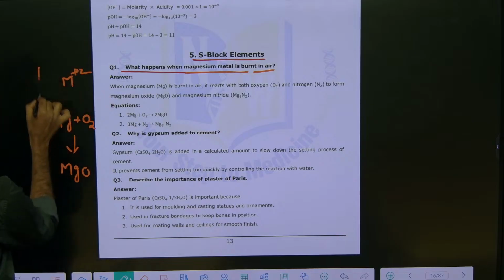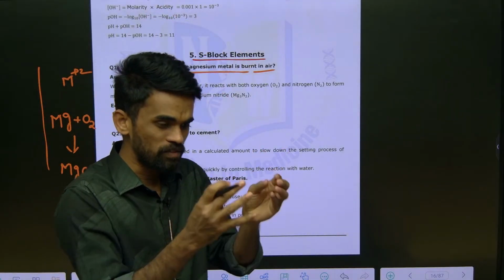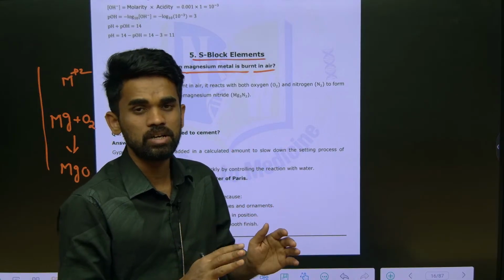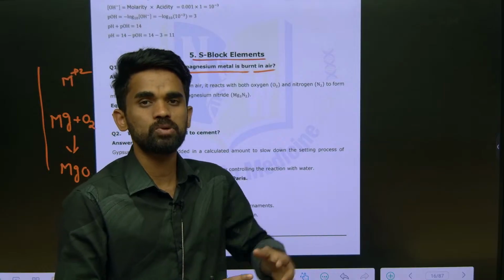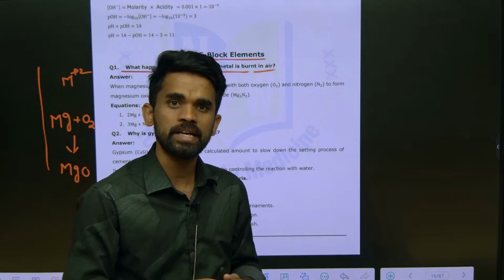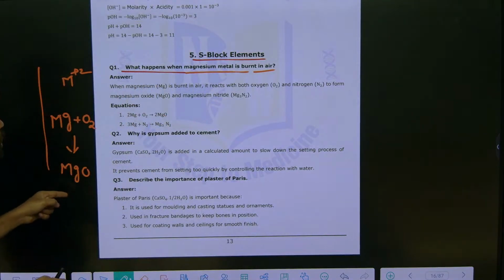Whereas first A group elements like lithium, sodium, potassium will form +1 oxidation state. For example, sodium upon exposure to oxygen will form sodium oxide, whereas magnesium will form magnesium oxide.